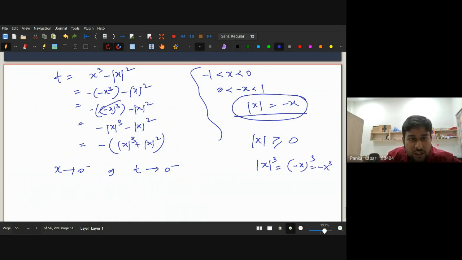So instead of minus x cube, I am writing mod x cube. I think I am doing something wrong.